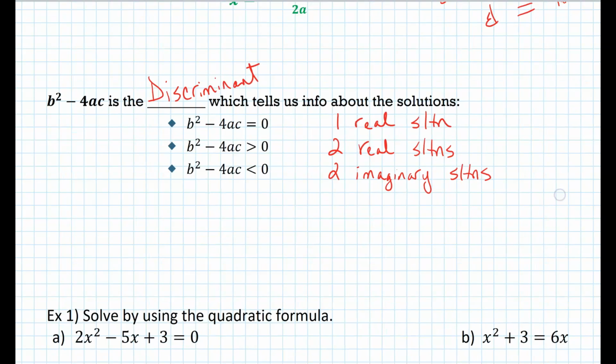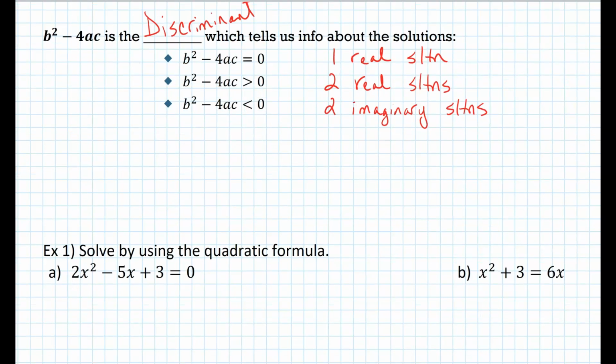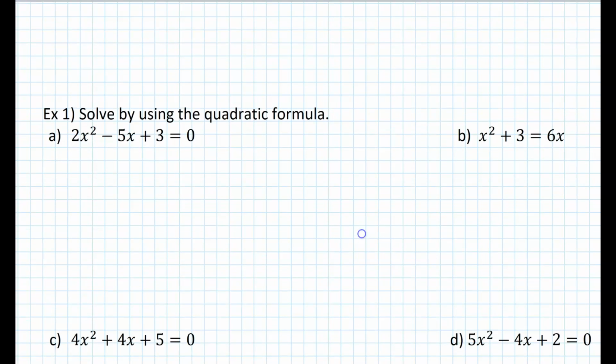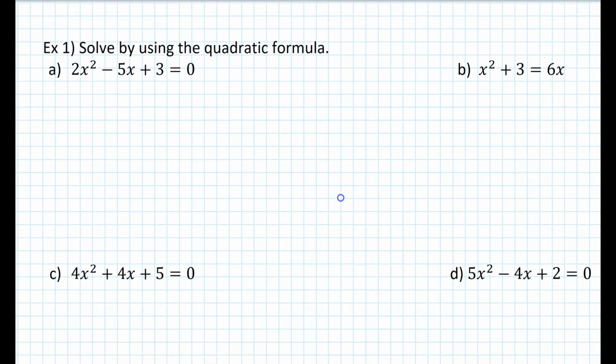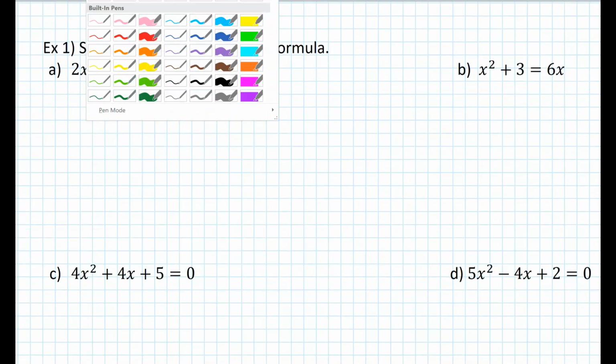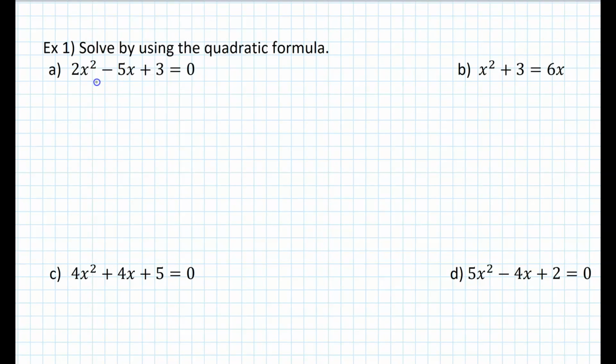All right, so let's just jump into some because I think everybody is already pretty good with these. Let's look at our first one here. 2x squared minus 5x plus 3. Okay, we always look to see if there's something we can factor out to begin with. Does anything factor out nicely?